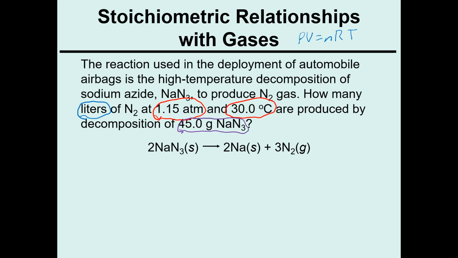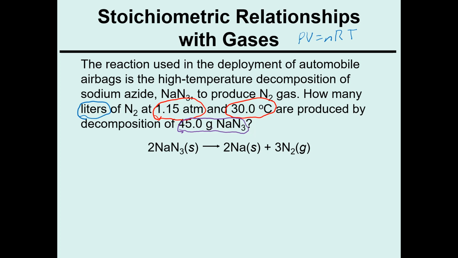And we know that the pressure and the temperature are given for N2, and we want to find volume for N2, which means that we need to get the number of moles of N2. And fortunately for us, we have a way of doing that since we can use our stoichiometry.